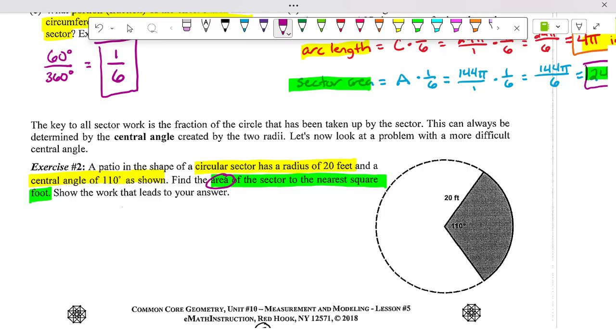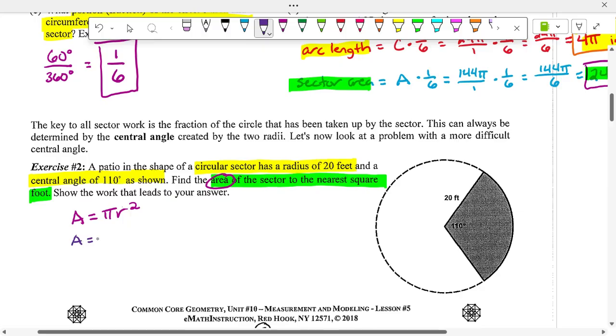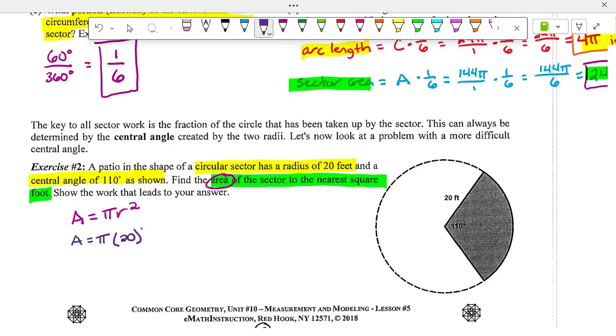All right. So I'm calculating the area of the whole circle. Remember, that's pi r squared. So how would I set that up using the information that they gave me? Area is equal to what? Pi times 20 squared.